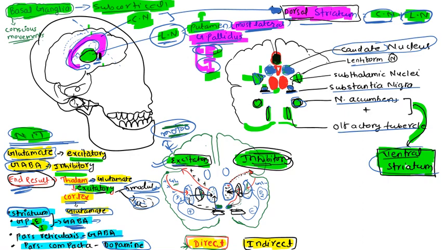As the globus pallidus internus is excited in more amount, it will release more GABA to the thalamus.